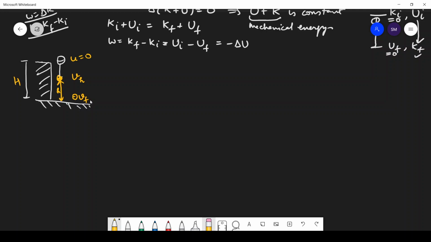Now, the total mechanical energy of the ball when the height is 0, let the energy be E naught, the mechanical energy.